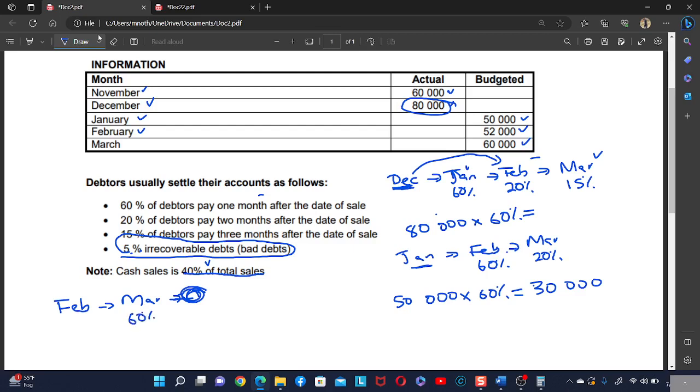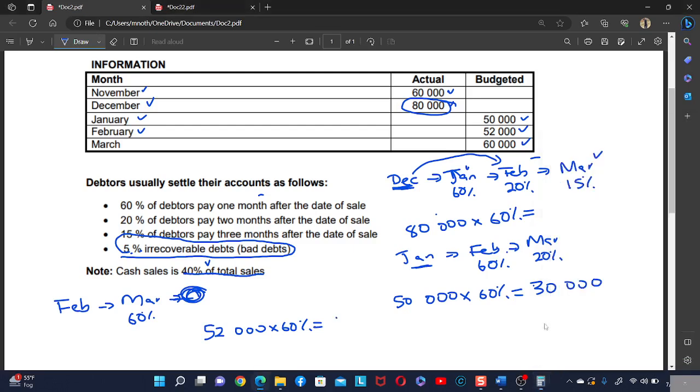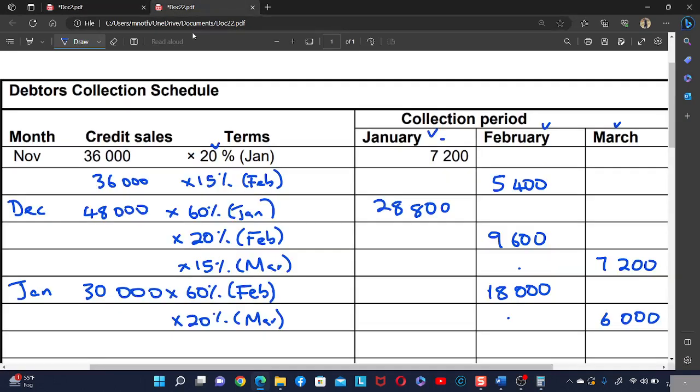So how much are the sales for February? They are 52,000. Multiplied by 60% of the credit sales is equal to 31,200. So the credit sales for February are 31,200.